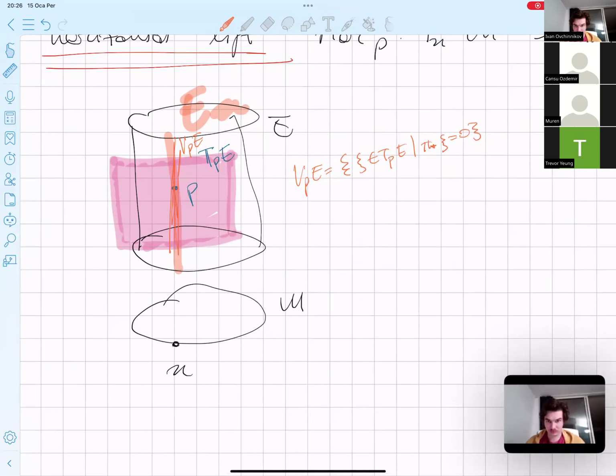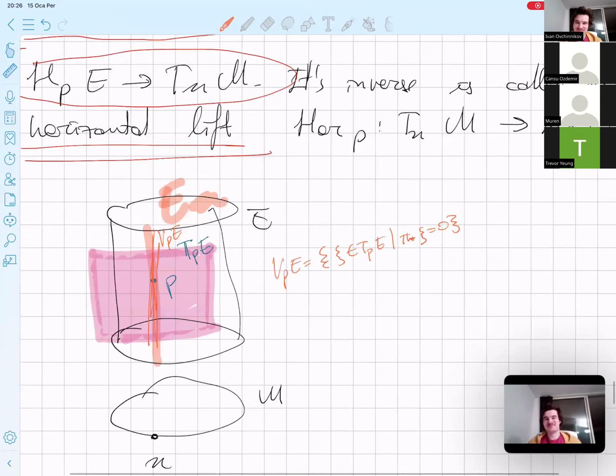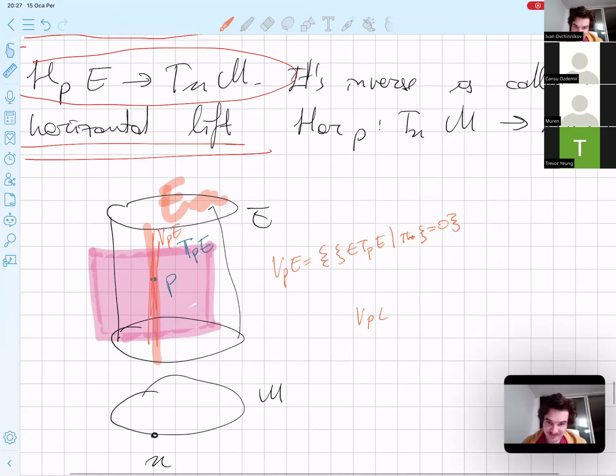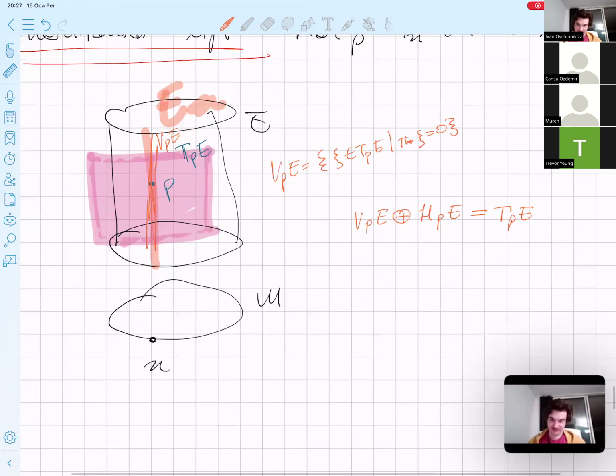So now back to linear algebra, back to 240. We know that H_P E plus V_P E is T_P E, and we know that V_P E is the kernel of this map. So this means that if we have only this part, we can write an isomorphism from this to, sorry, not this.